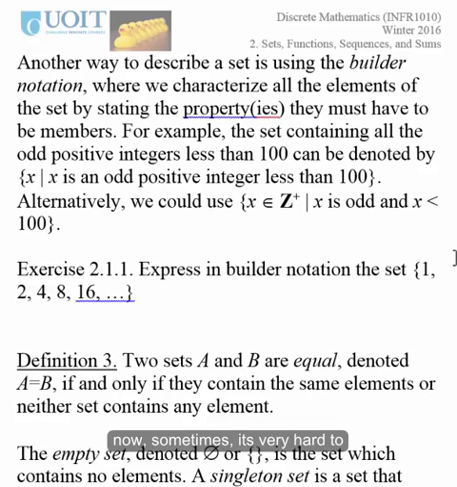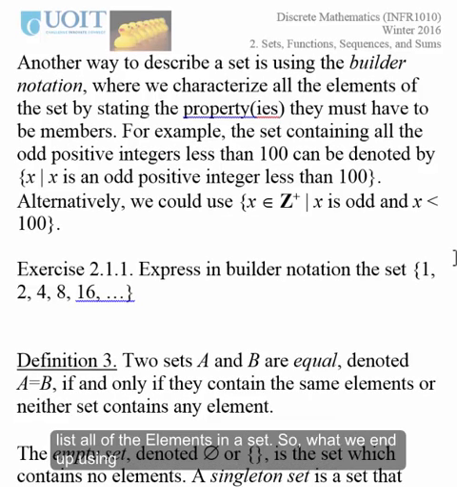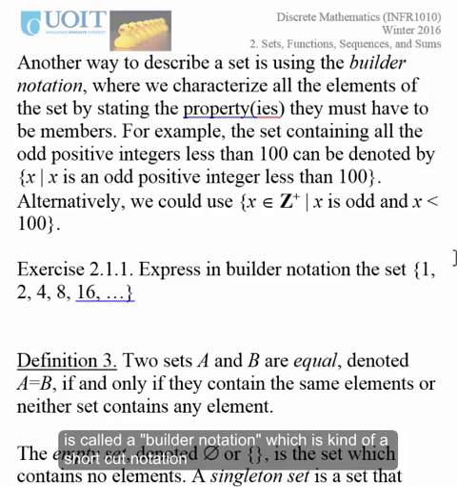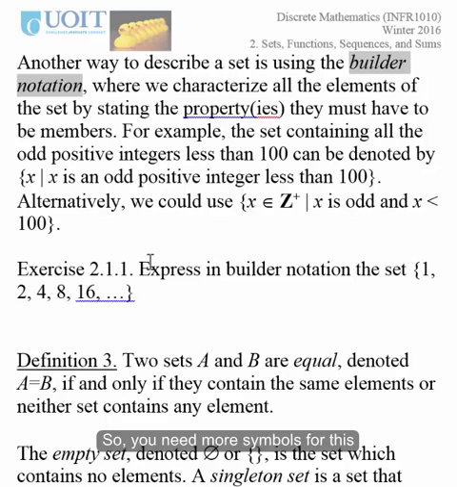Now, sometimes it's very hard to list all of the elements in a set. So what we end up using is called a builder notation, which is kind of a shortcut notation. So you need a little bit more symbols for this. So the symbol that you will use very often is this bar.